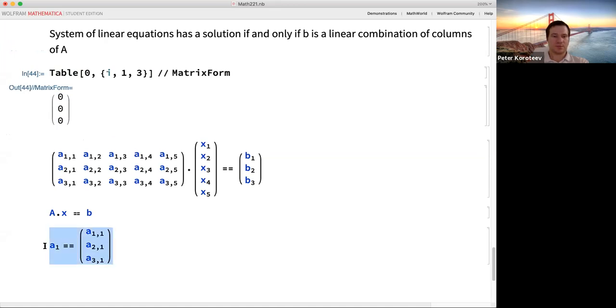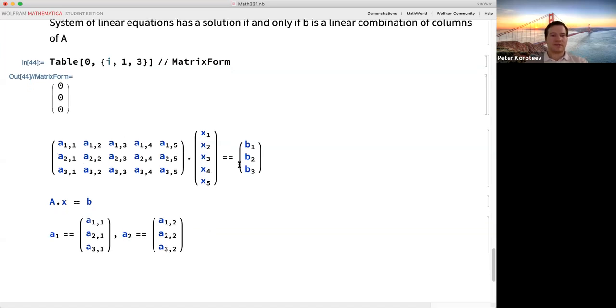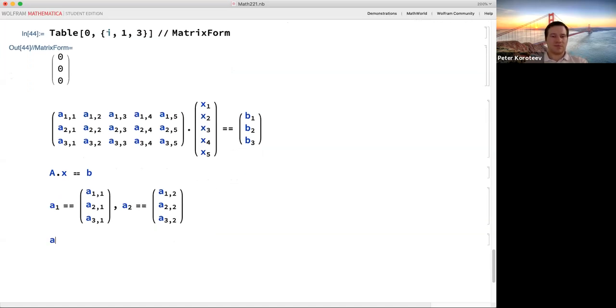So A2 will have components A12, A22, A32, and so on. So then this equation can be rewritten as follows: A1 times X1 plus and so on, plus A5 times X5 is equal to vector B.